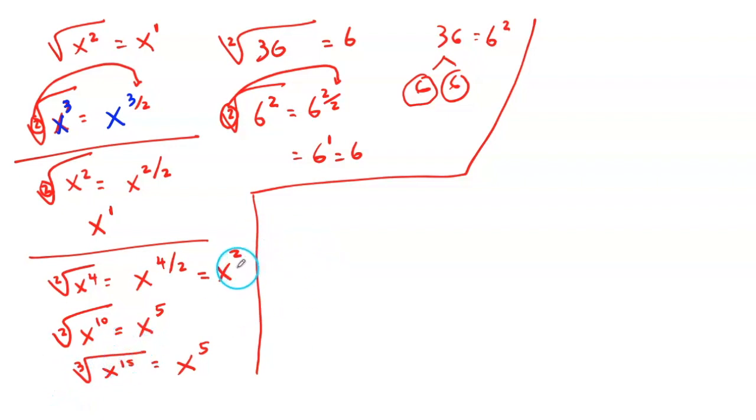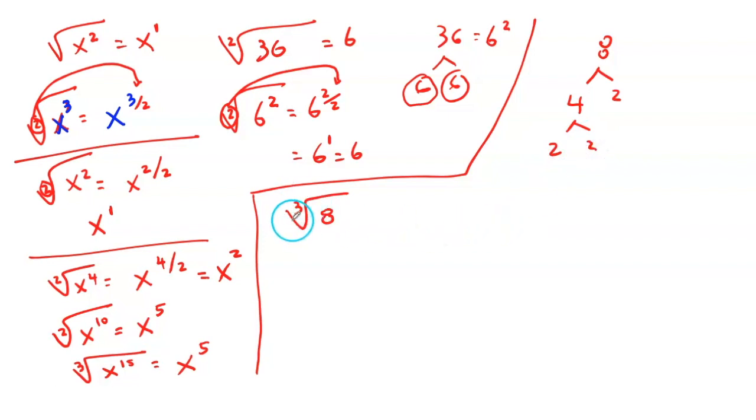Let's say that I have cube root of 8. Can you do that? Do you remember how to do perfect cubes? No. So what I do in this case is I take my 8 and I break it down. 8 is the same as 4 times 2. 4 is 2 times 2, right?